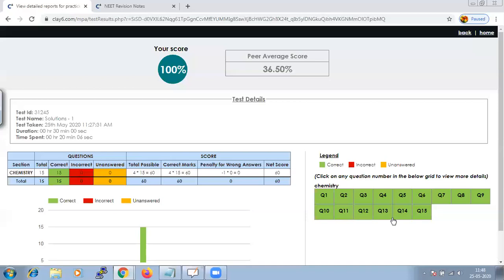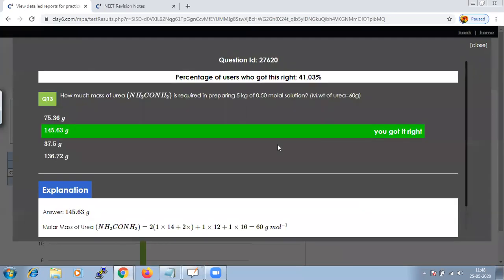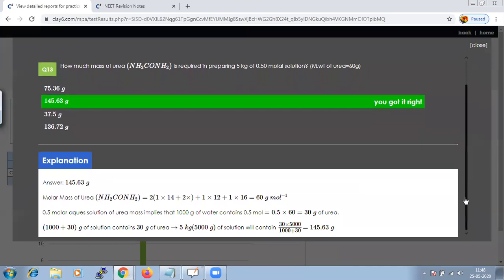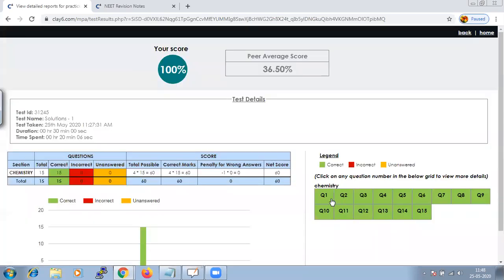If you click on any question, it will give you the right answer as well as the explanation. So in case you go wrong anywhere, it helps to find the right answer along with a detailed explanation of how to arrive at it.